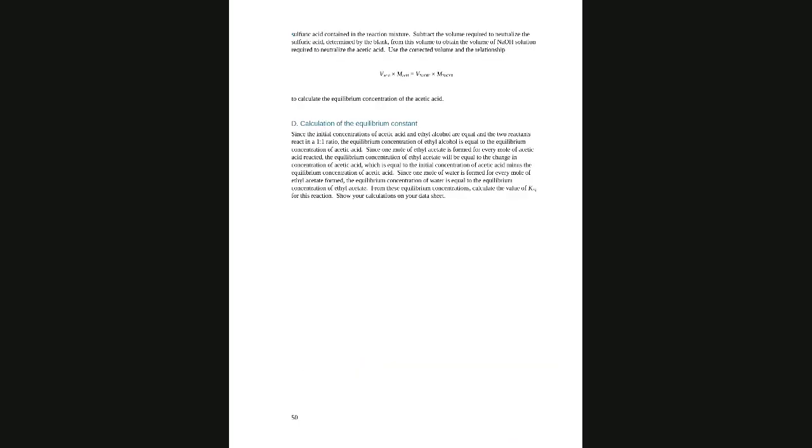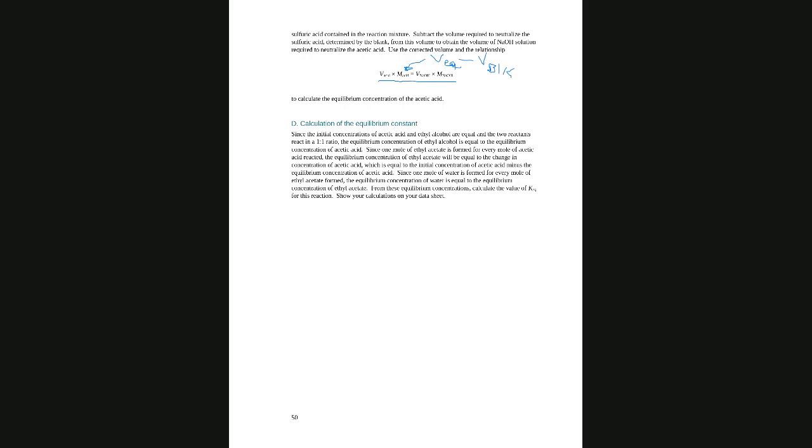So this is the quick overview of this experiment. We are going to use this equation again for the final concentration, or the equilibrium concentration, of this acetic acid, but the volume is going to be the volume that we take in part C minus the volume of the blank.